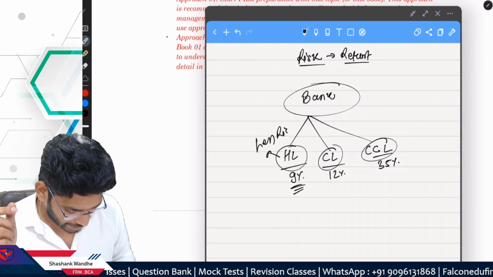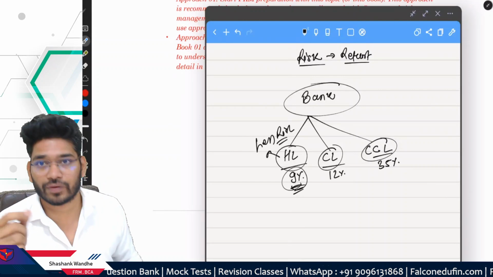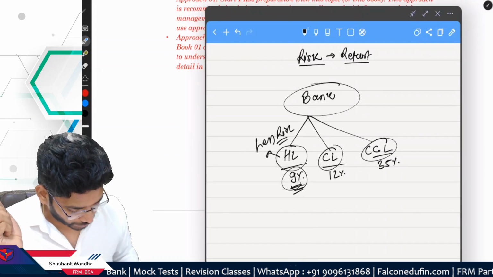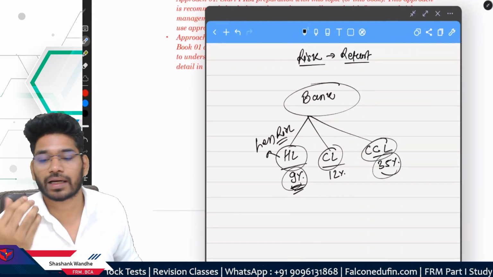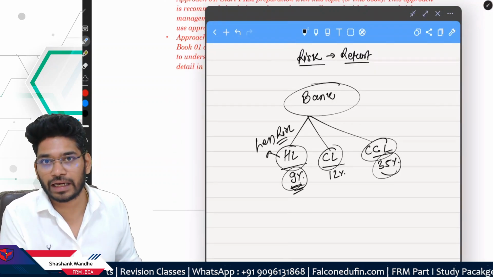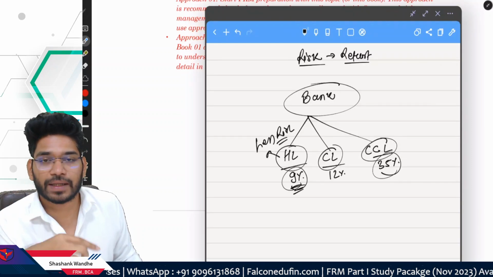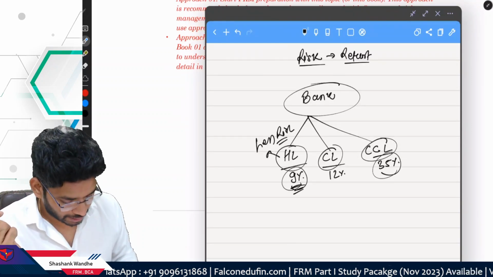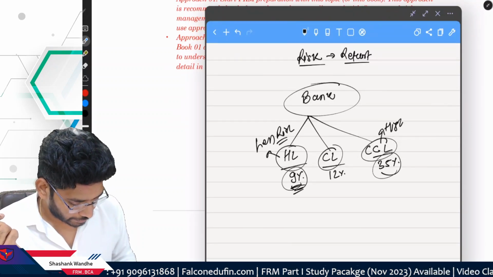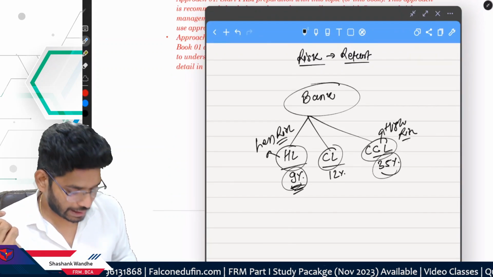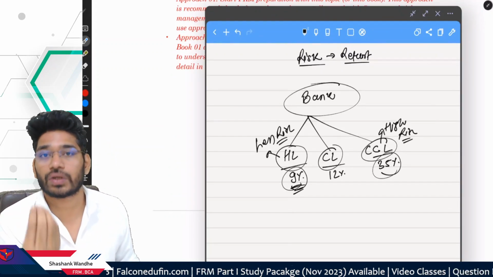And because bank is taking less risk, bank will get the lesser return. If you consider the credit card loans, in this particular case, if the borrower defaults, bank doesn't have any measure to recover those funds. So in this particular case, bank is taking very high risk, and that's why bank is charging higher return, right?